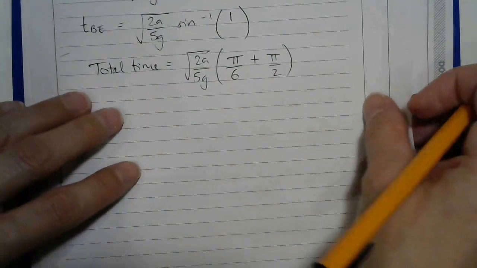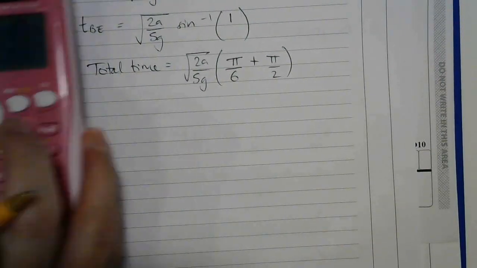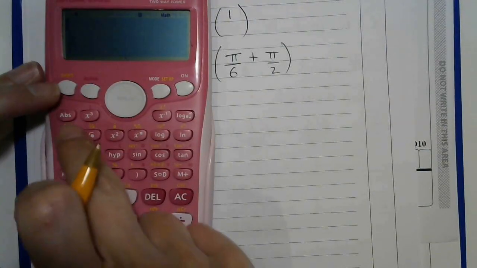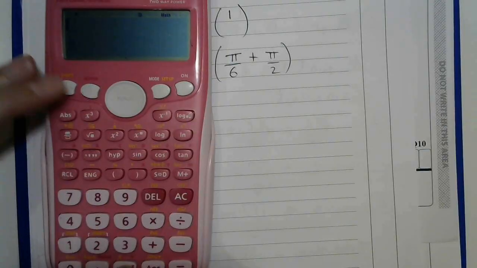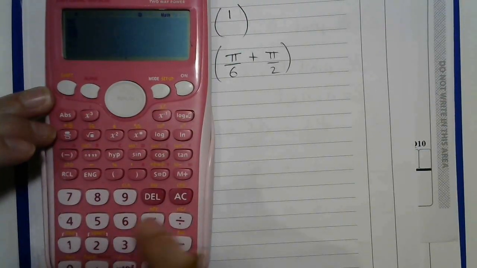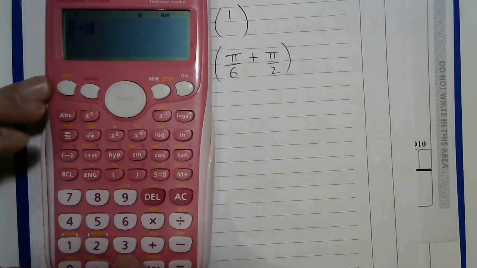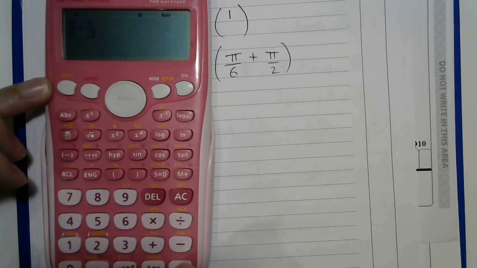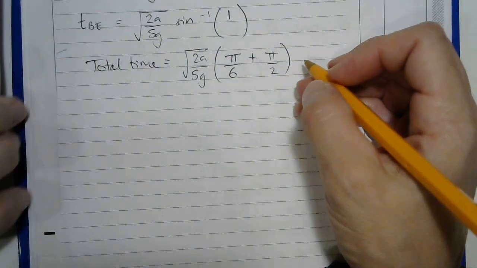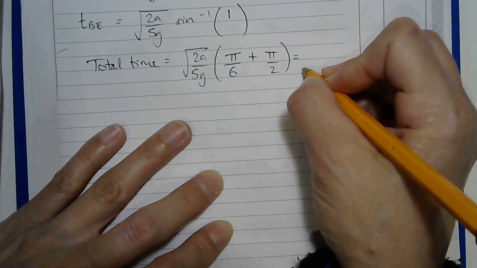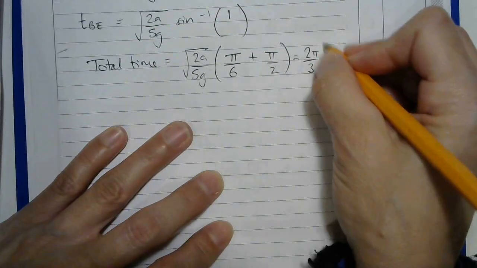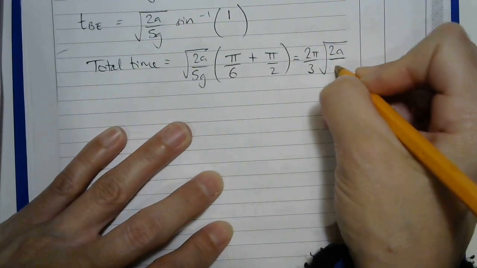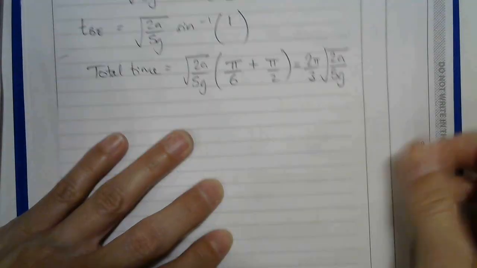So the total time, I get a sixth plus a half of pi, so pi over 6 plus pi over 2 gives me 2 pi over 3. So I end up with 2 pi over 3 multiplied by this thing, root 2a over 5g.